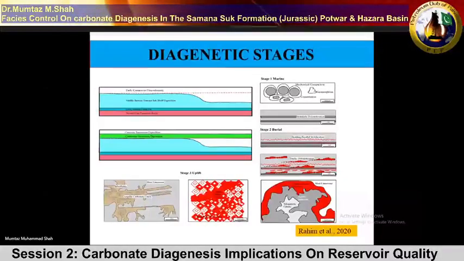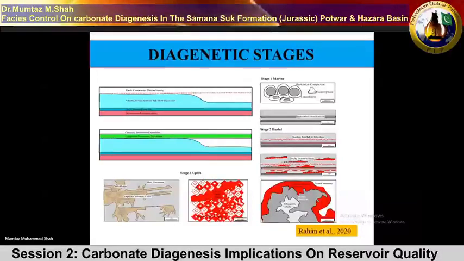This is the model of diagenetic stages, which represents how this particular limestone had evolved with time. So we have divided it into three stages, where the first one represents the marine settings, where we have mechanical compaction and cementation, followed by the burial, resulting in the formation of stratiform dolomitization.